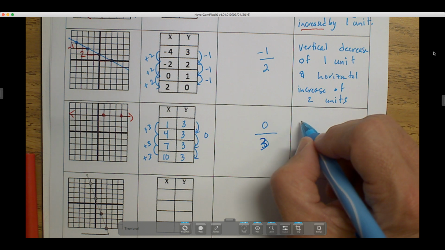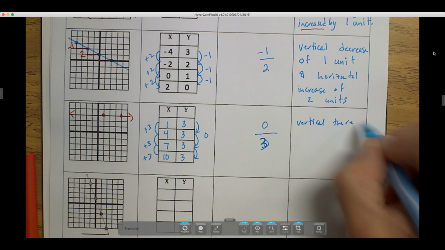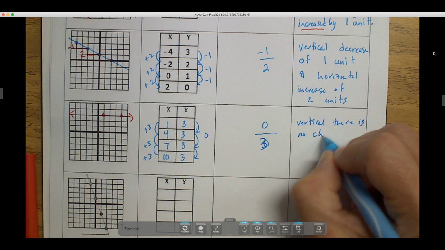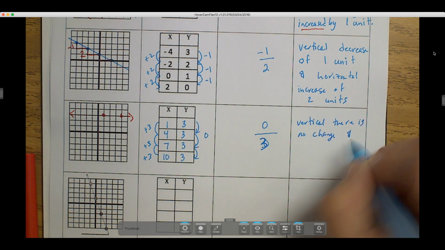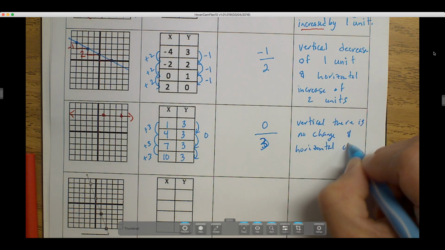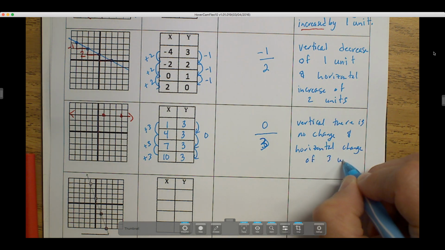And in our verbal description, a vertical, there is no change, and a horizontal change of 3 units.